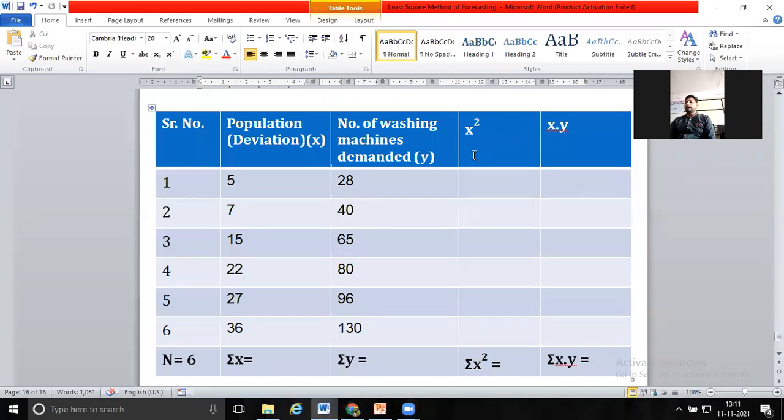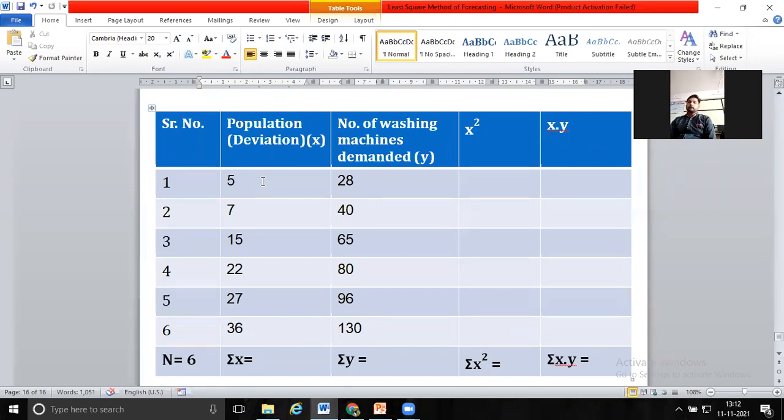Then we require another column which shows the square of deviation, that is x square, and another column which shows the product of demand and deviation, that is x multiplied by y. We require these columns as we need the summation of x square and summation of x multiplied by y in our formulas. For that purpose we are extending these two columns.